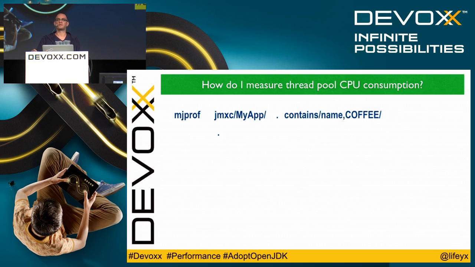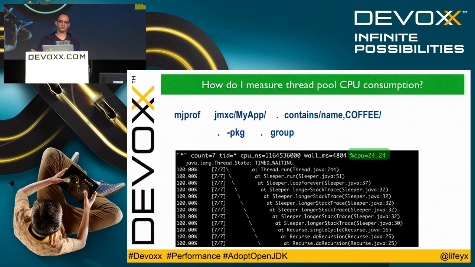Then you can focus on your thread pool, which is named coffee. I also use the monad -pkj, which throws away the package from the stack frames because it just makes things long, and then group all of them together. Then I will be able to see how much CPU my coffee thread pool is consuming within this time interval. Okay? That's really cool.